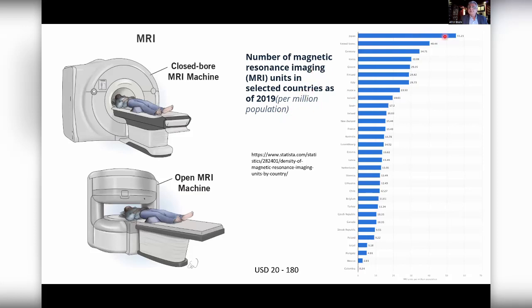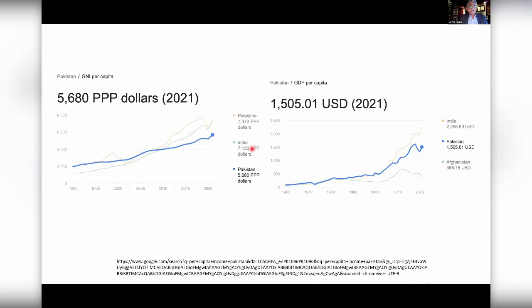So Japan is pretty far ahead, 55 MRIs per million. And if you go to Mexico, that's like 2.65, and Pakistan is much lower than that, lower than Colombia also. And the same thing applies for India, although I don't have the exact data on that one. So the unavailability of MRI becomes a problem, and the quality of MRI is also an issue. And the problem is not only the cost, but also the distance over here.